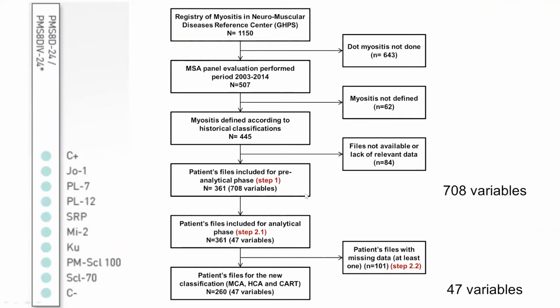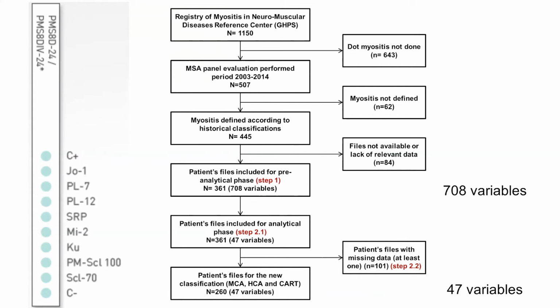And we kept, at the end of the day, 47 variables, which are the description of the patient, their age, gender, race, but also clinical signs such as the skin rash, the distribution of the weakness, the description of the pathology, and at least all these myositis-specific autoantibodies. The lung involvement also, and so on and so forth.